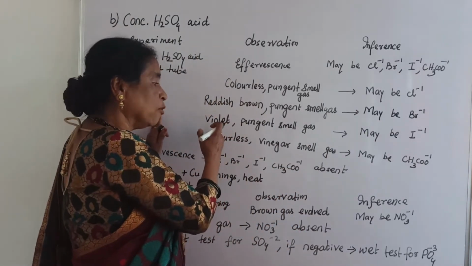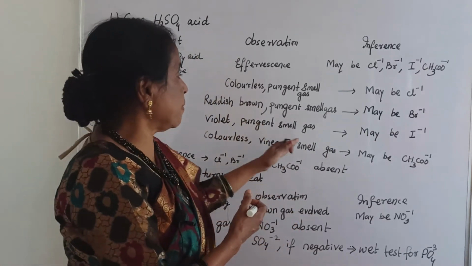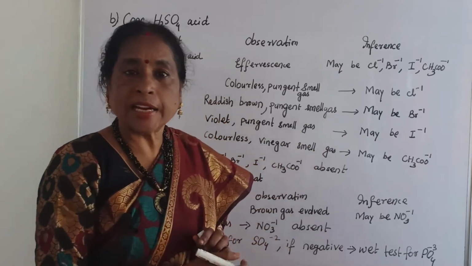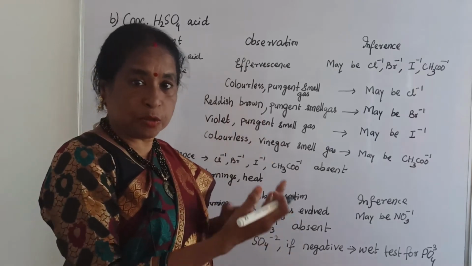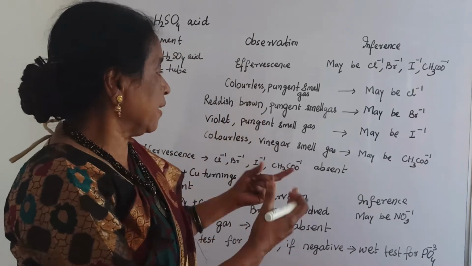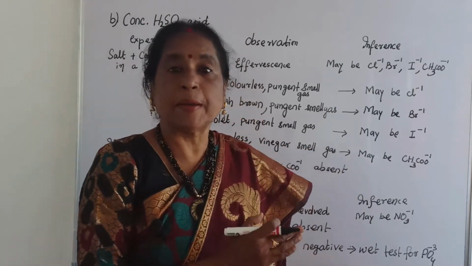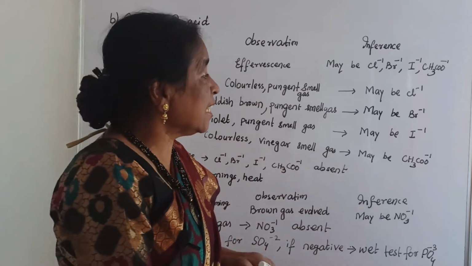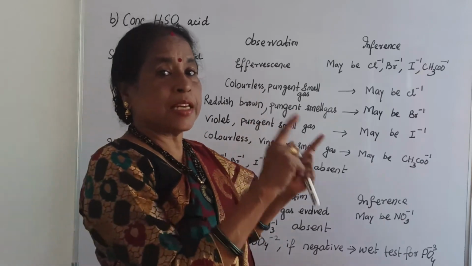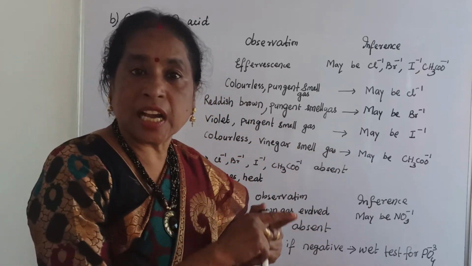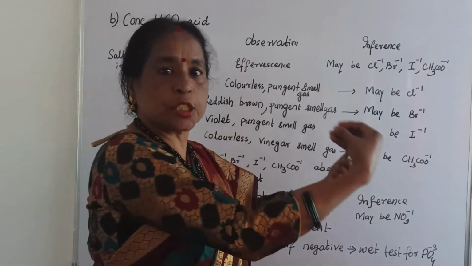Suppose it is violet color with pungent smell, then it is maybe iodide, I minus 1. If it is colorless with vinegar smell, you know vinegar smell, then it is maybe acetate. Acetate means CH3COO minus 1.